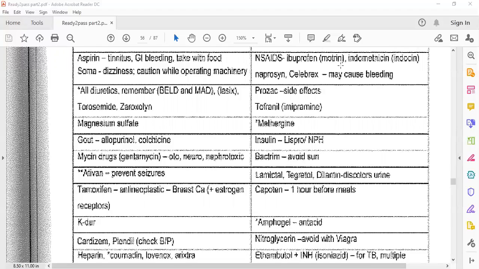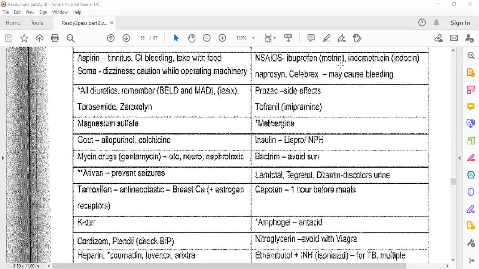Basically, the common drug we use or buy for pain is Tylenol. Everybody knows that, Tylenol. Aspirin and Tylenol belong to different drug classes.